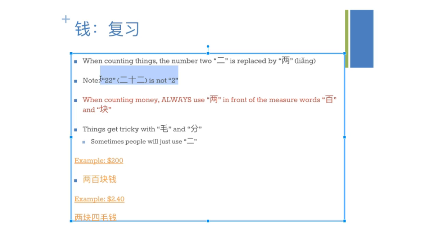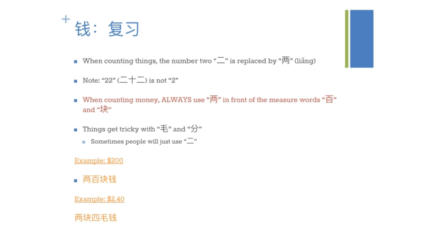So if I want to say $22, I would say 22块钱. I would not say 2 because it's not the number. I would not say 2块. That's wrong because 2 means 2. And number 22 is not 2. 22 is 22, and it never changes.